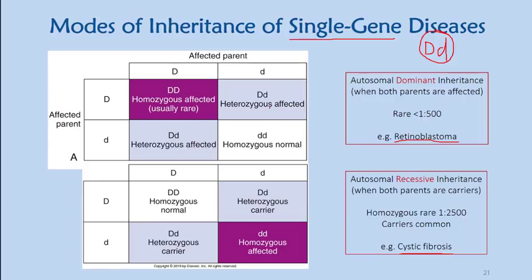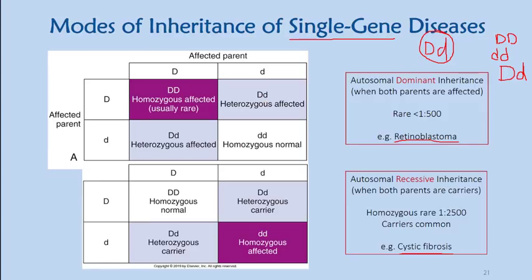For instance, homozygous dominant: homozygous meaning they're the same, dominant meaning both letters are capital. Homozygous recessive: both are the same, and both are recessive. And then heterozygous, hetero meaning different, not the same, where you have one of each. So you can relate that then to our examples.